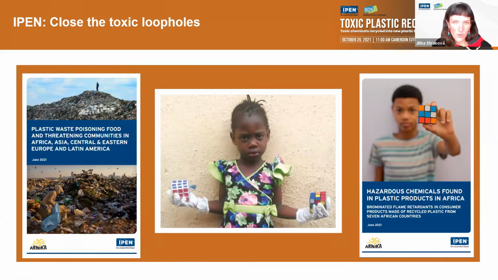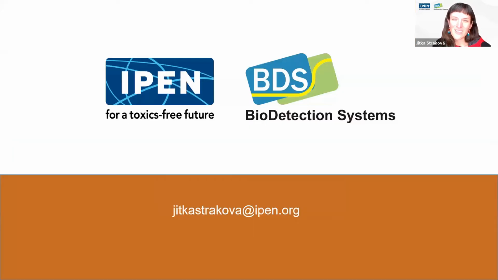She holds Rubik's cubes because we use this item as a mascot of our campaign. Rubik's cubes or magic cubes are intended for developing the intelligence of young children, but in fact, the presence of brominated flame retardants in those items totally contradicts the intention. So I thank you very much for your listening and for your interest.